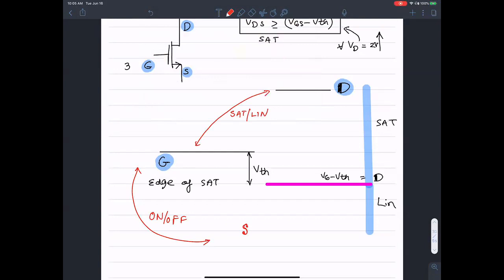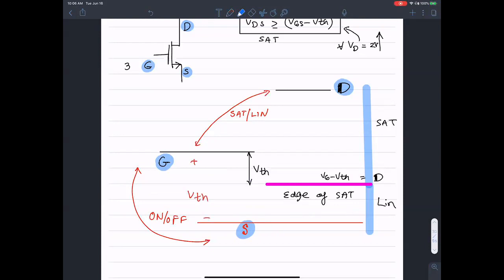So for the MOSFET to be on, I want the gate voltage to be higher than the source voltage by at least, so let me relocate this edge of saturation over here, the source voltage is below the gate by one threshold voltage.